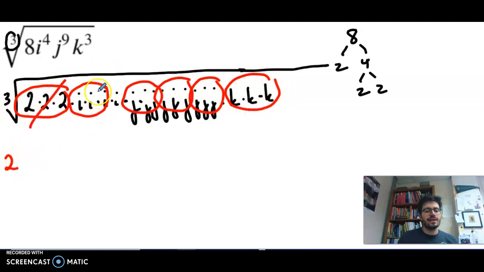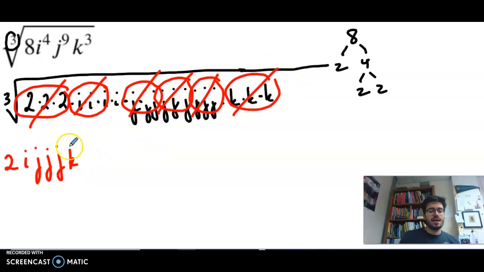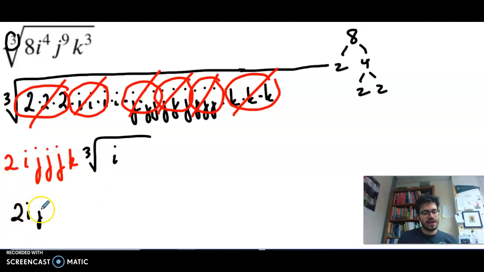I'll put 1 2 on the outside, 1 I on the outside, a J, another J, another J. There's a K. And what I have left is the cube root of, looks like there's only one tiny I by itself. 2I times J times J times J, I write as 2I J to the third, and then the cube root of I.